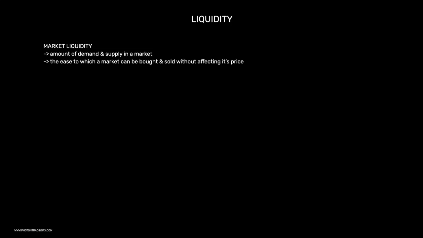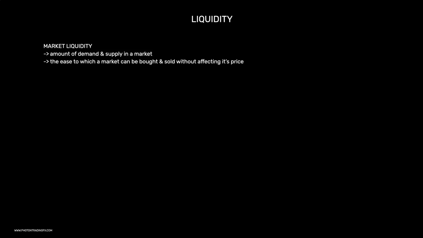Another definition is the ease with which a market can be bought and sold without affecting its price. What that essentially means is if a market is very liquid, then buying and selling activity is not going to have much of an impact on price movement, because price volatility will be very low since there are people trading at every single level. It's going to take a lot of money to move price a lot because there are people wanting to buy at every price level.